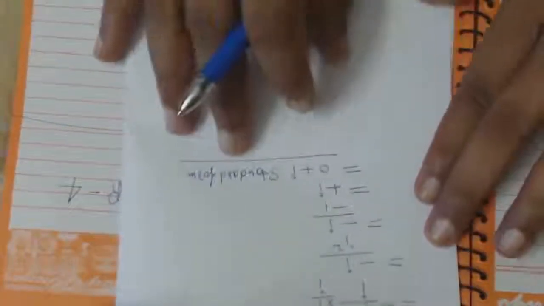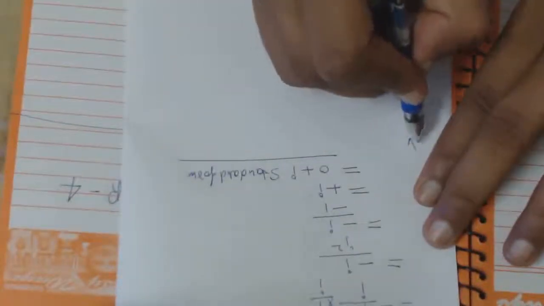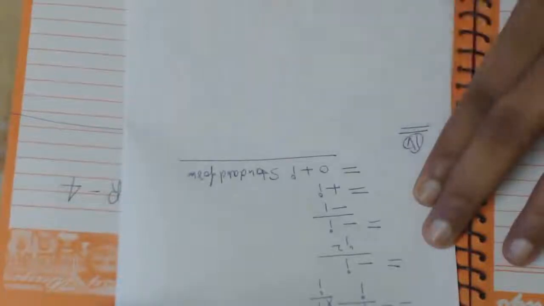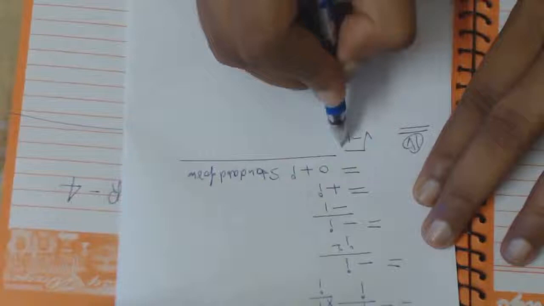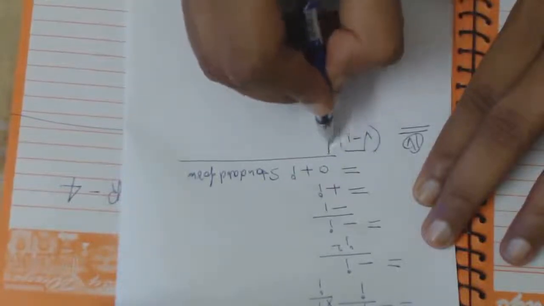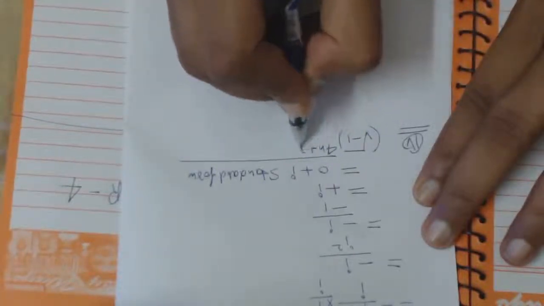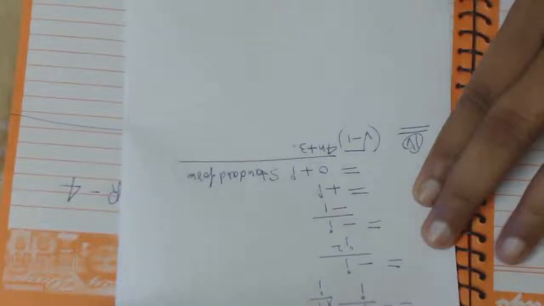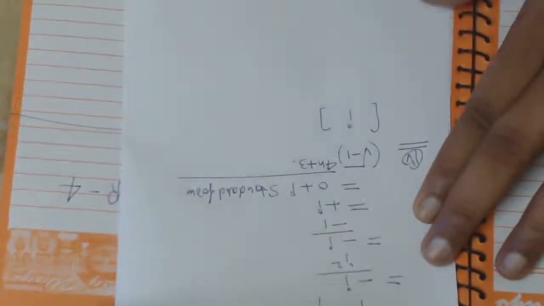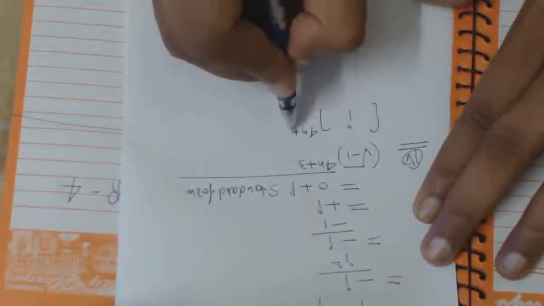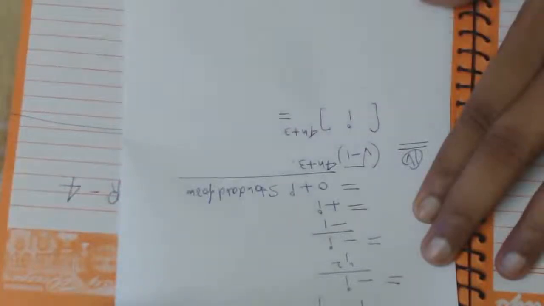Okay, now I'm taking another example, the fourth part of my assignment. This is square root of minus 1 raised to the power 4n plus 3. Square root of minus 1 is iota, so this is iota raised to the power 4n plus 3.